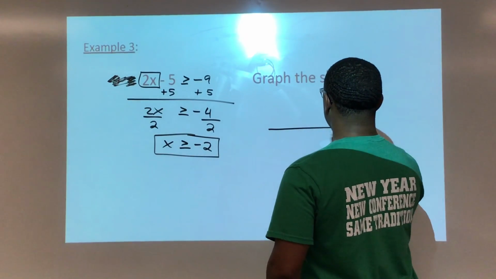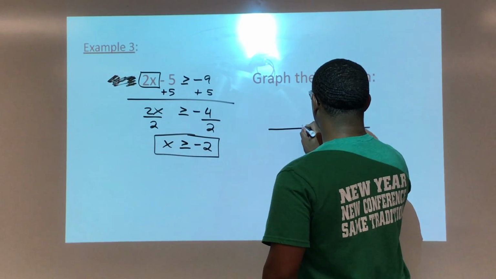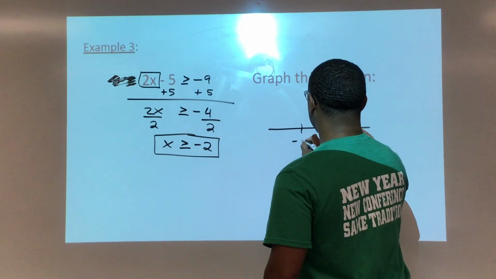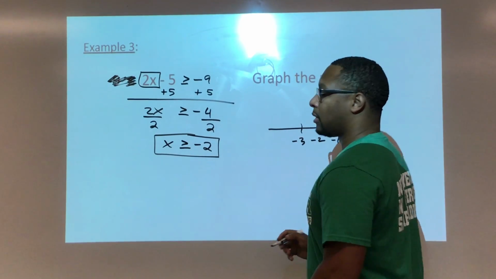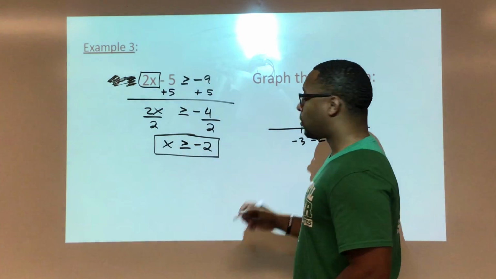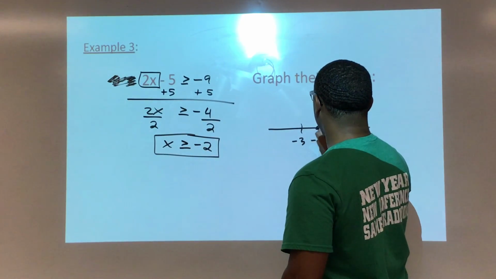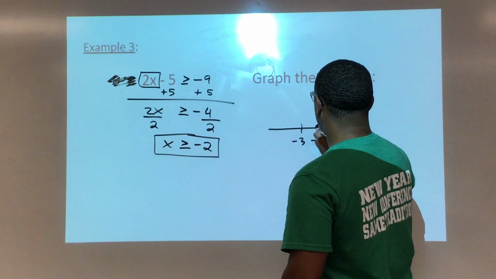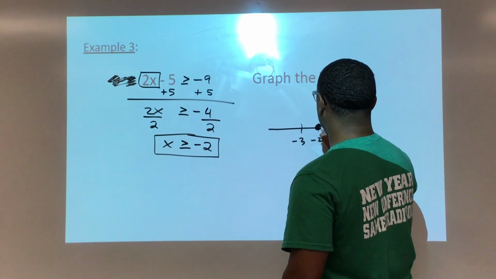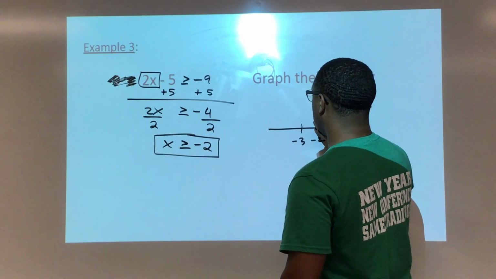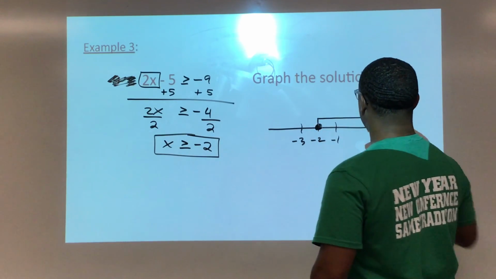I'm now going to graph that solution. We'll just say this is negative 3, negative 2, negative 1. It says greater than or equal to, so I'm going to use a closed dot. That closed dot means that X can be negative 2 or any number that is greater.